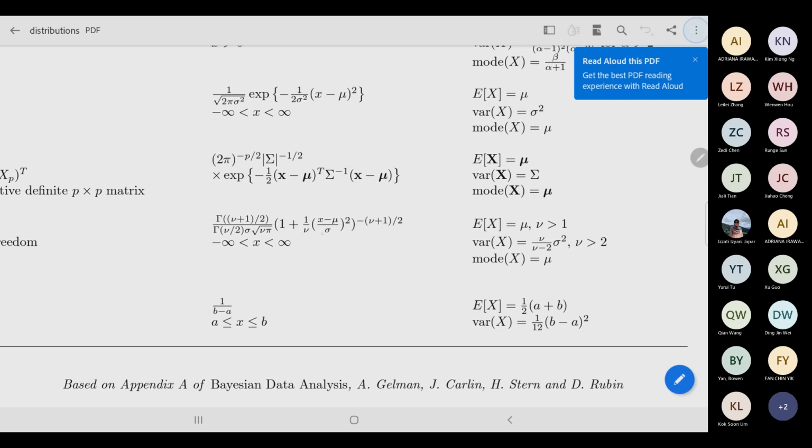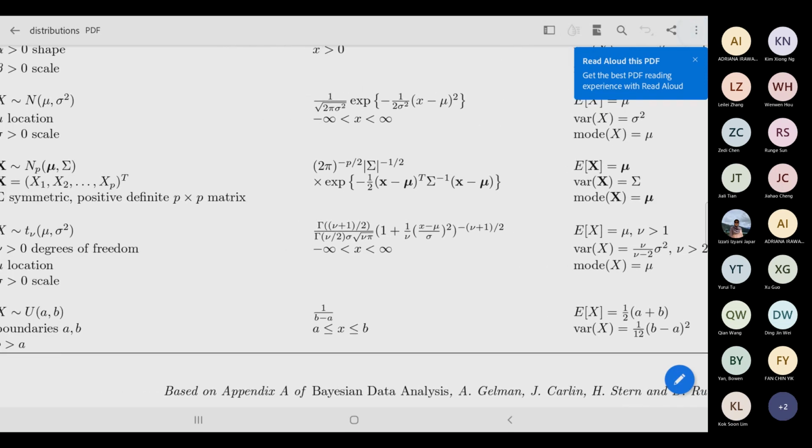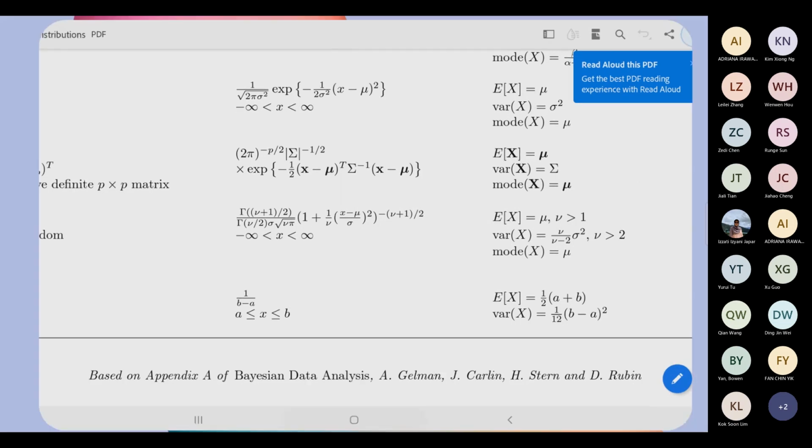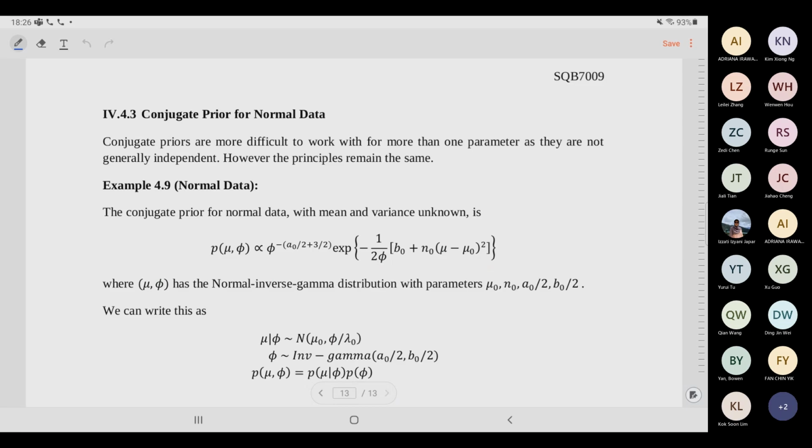Anyway, you can see sigma, then you have the N. So this is the non-central t distribution. You can see it needs a bit of maneuvering to actually obtain that from just now. Okay, so anyway, going back.